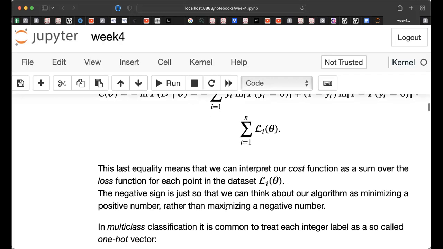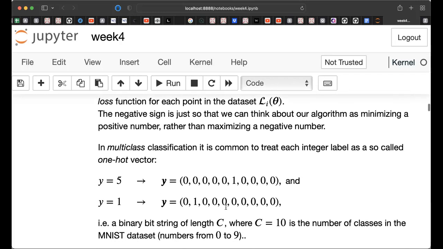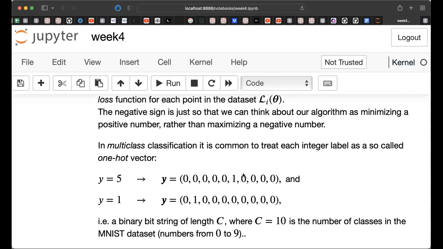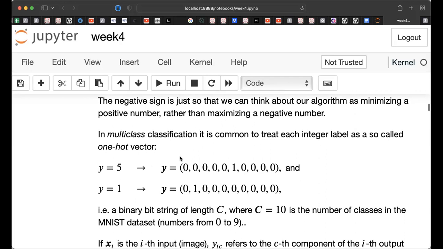So if we just scroll down a little bit, if we also have a multi-class problem, then it's common to change each variable into a so-called one-hot vector, which is a binary bit string. So you can see now, if you want to classify the number 5, you will transform that into a bit string. And in this specific case, you would just need 10 bits.